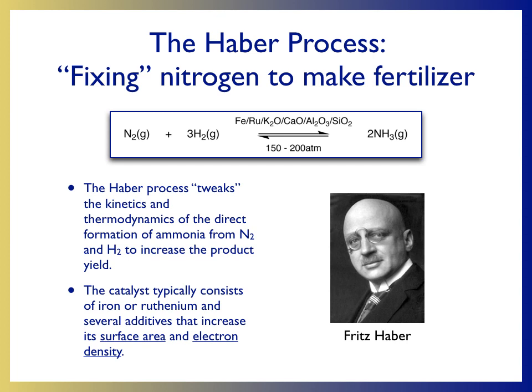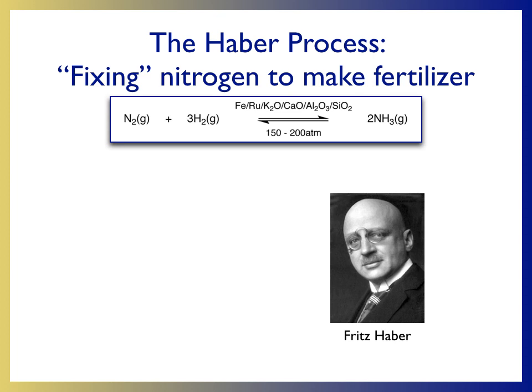The catalyst also has more electron density, which also helps the nitrogen and hydrogen atoms to absorb to the surface of the catalyst itself. This helps the reaction to occur a lot faster than if the molecules were left in the gas phase. So this is a way to kinetically increase the rate of reaction to form more products.